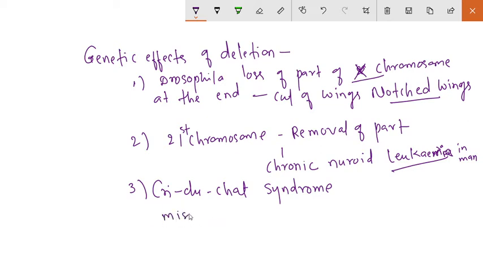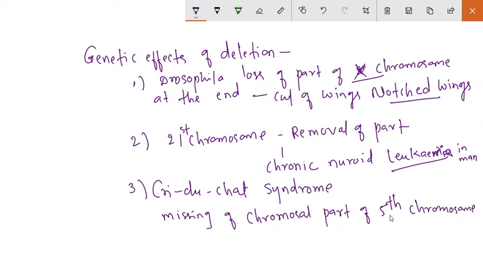It is due to the missing of the chromosomal part of the fifth chromosome. Okay, पाचव्या क्रोमोझोमचा त्या ठिकाणी थोडासा पार्ट त्या ठिकाणी काय झालं, लॉस झालं, and it produces the Cri-du-Chat syndrome.